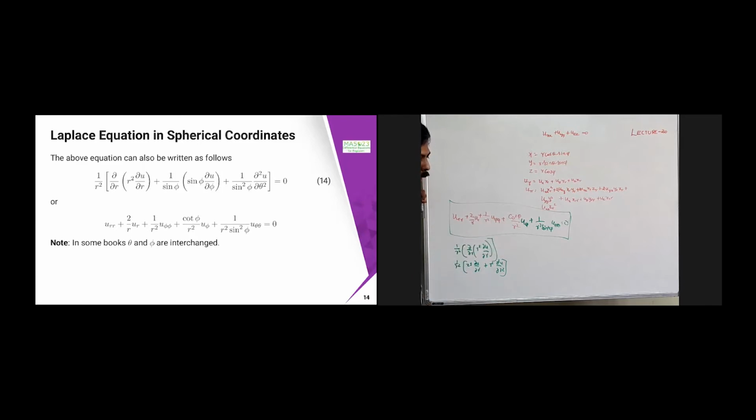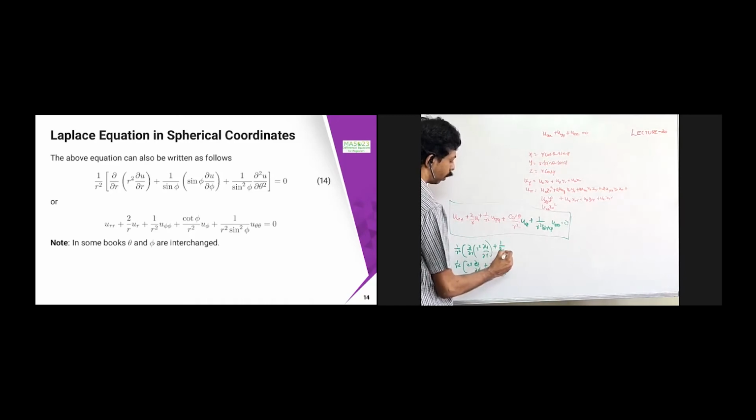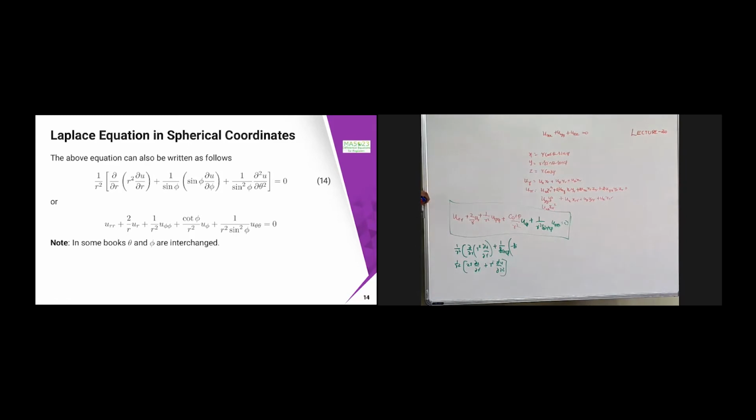So I can take this cot pi out. Okay, so that is going to become like I can write it as. So this one similarly we can do this cot pi term, cot pi u pi and u pi beta. Same way you can do. What you will get is 1 by sin pi into sin pi dou u by dou pi.